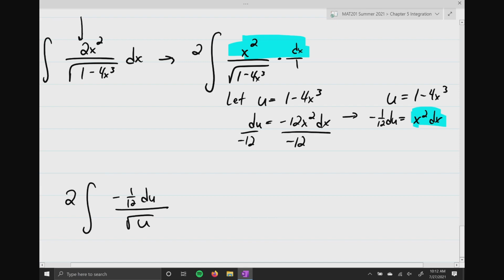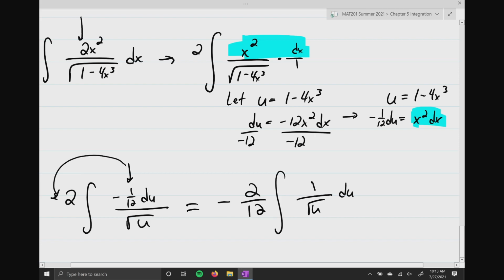Now, hopefully, you're already seeing my next move. Notice I got a constant right here, so I'm going to pull it out front. So this is going to be negative 2 over 12 times the integral of 1 over the square root of u du.